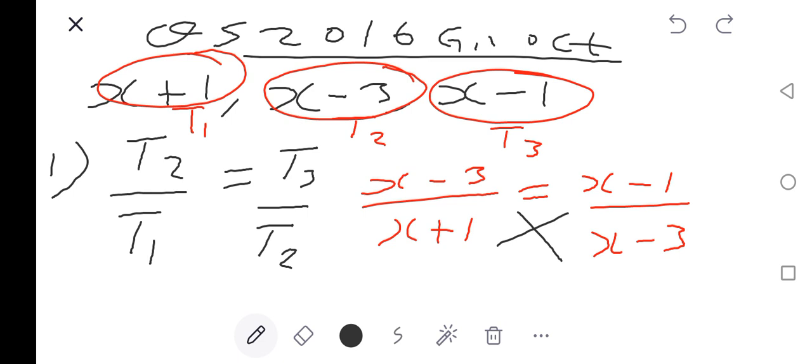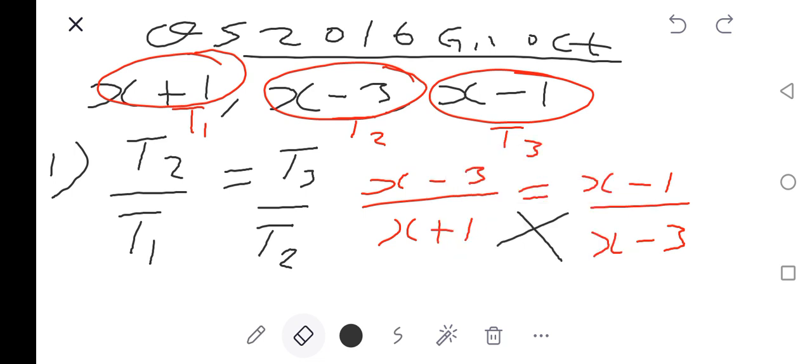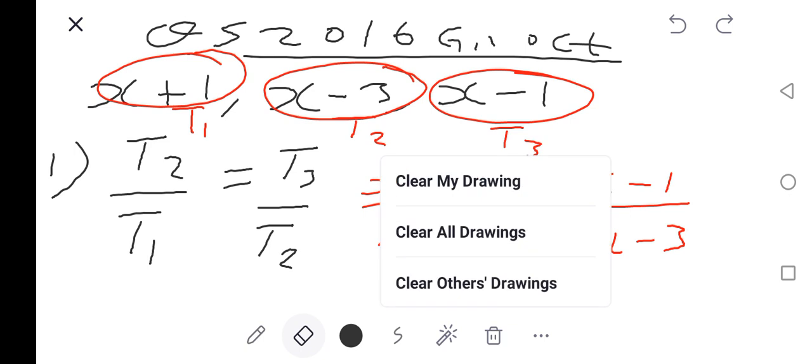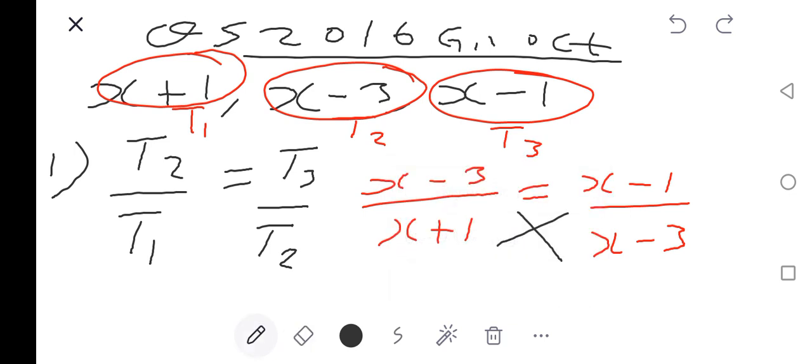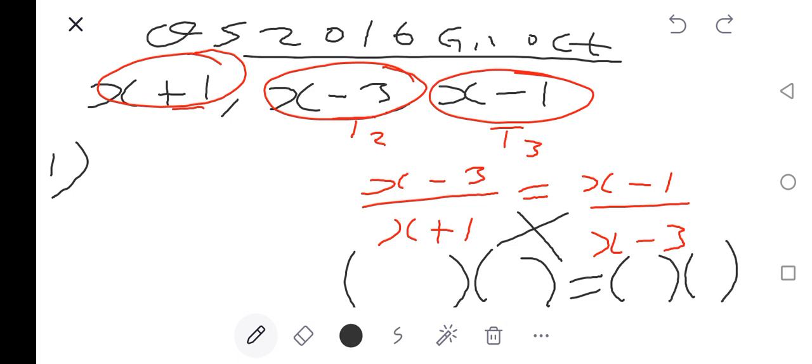Let me write it in this format so that you are not left behind. We are going to write brackets for easy multiplication, because we also write other brackets here. We are using this and all this diagonal.